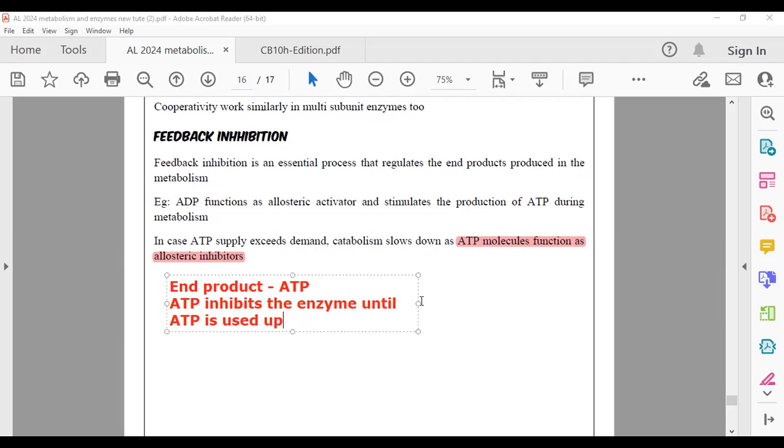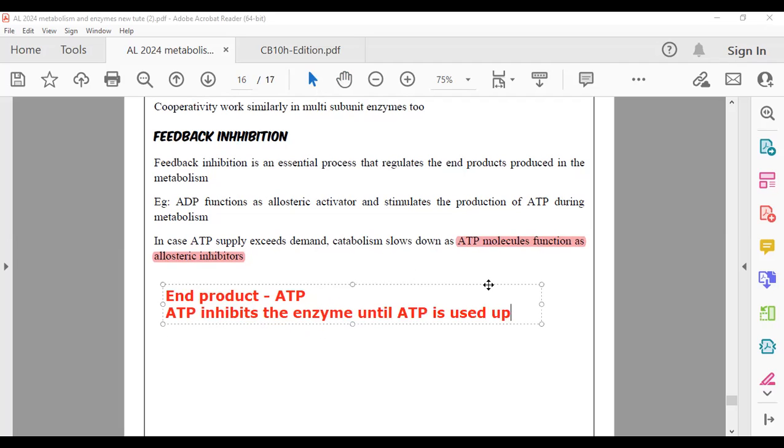After it is used up, there is a need for ATP, so it should be produced again. When it is present, there is no need to waste the metabolism and the enzymes to produce ATP in excess.